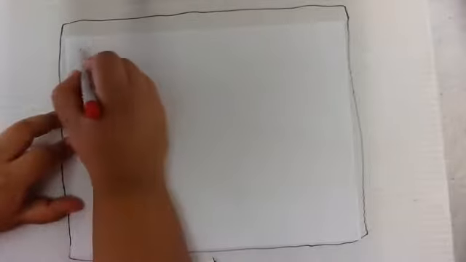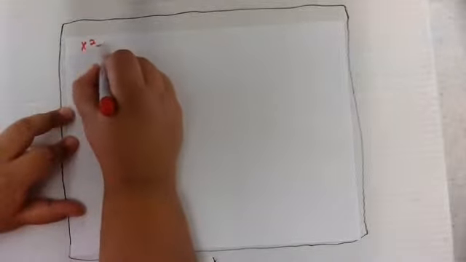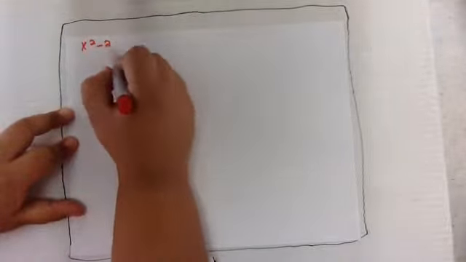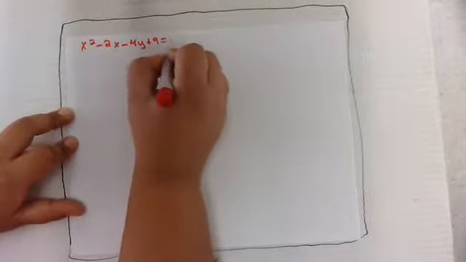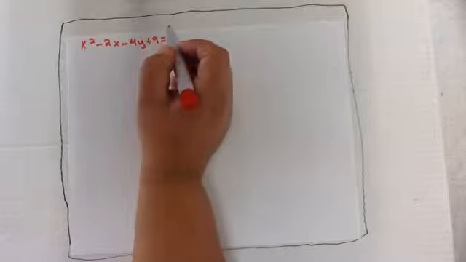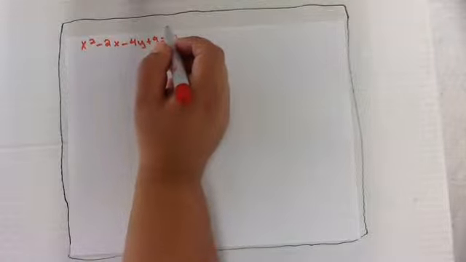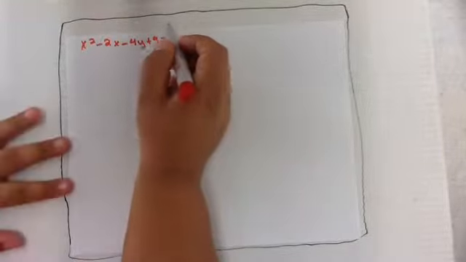Let's do another example. So if I have x squared minus 2x minus 4y plus 9 equals 0. Since we're only completing the square on the x's, we want to isolate those terms.